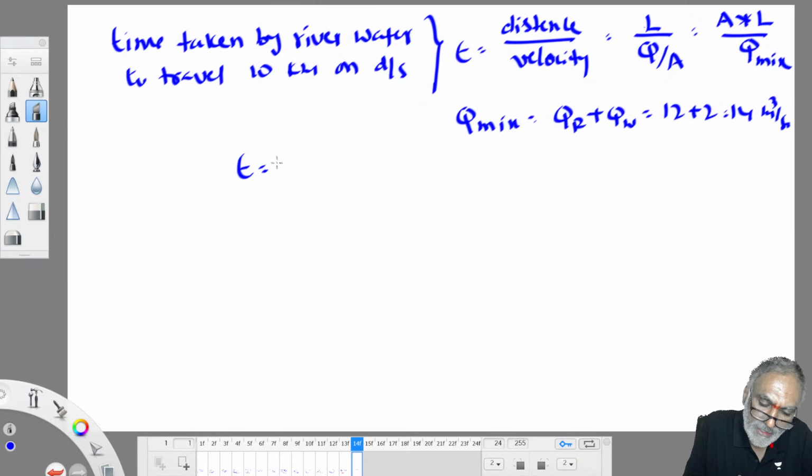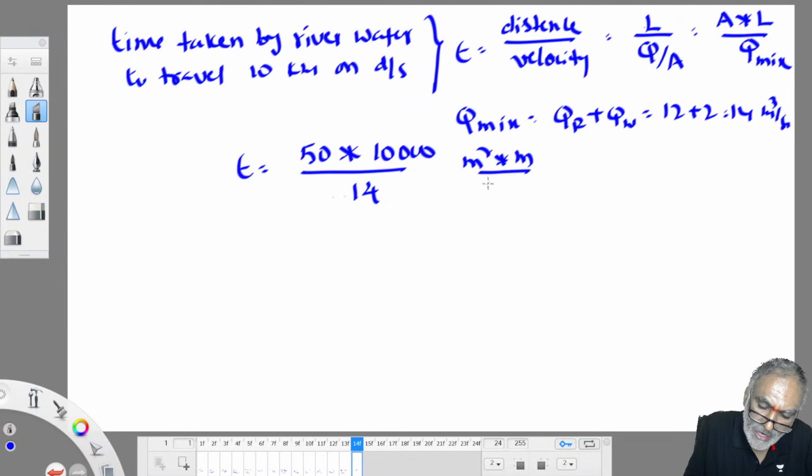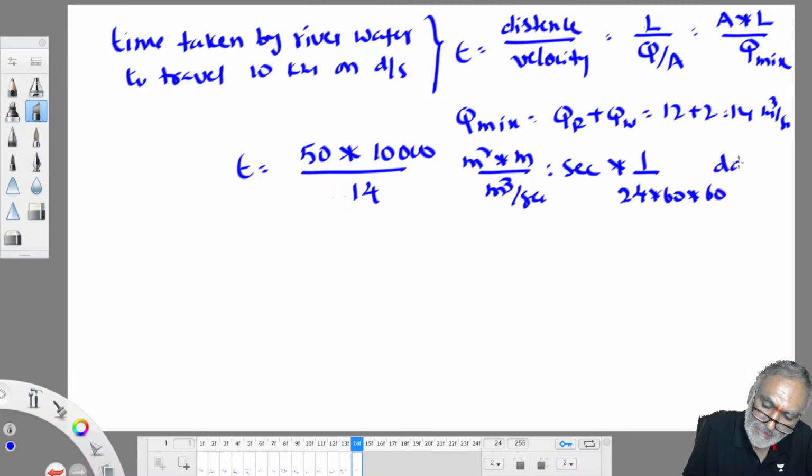Therefore, time taken by river water to travel 10 kilometers is equal to how much? Cross section area of river 50, length of river 10,000 meters, 10 kilometers means 10,000 meters, by 12 plus 2, 14. So this is meter square into meter by meter cube per second. We will get answer in seconds, but I'll convert this into days because K value is given in days, by 24 into 60 into 60 days.